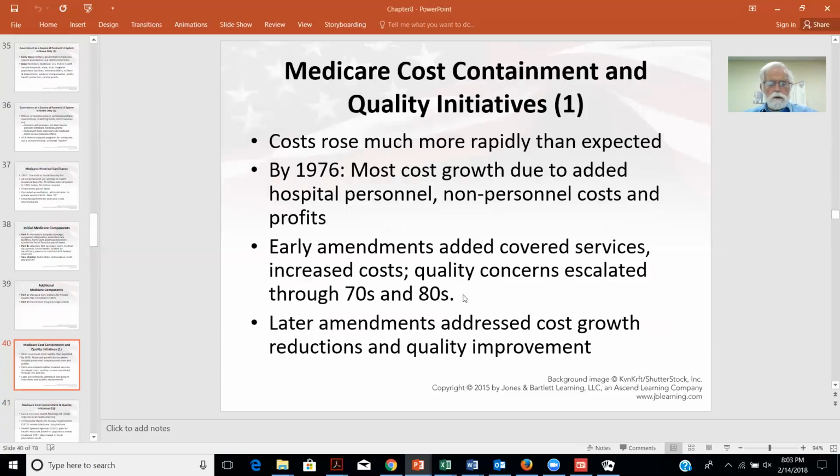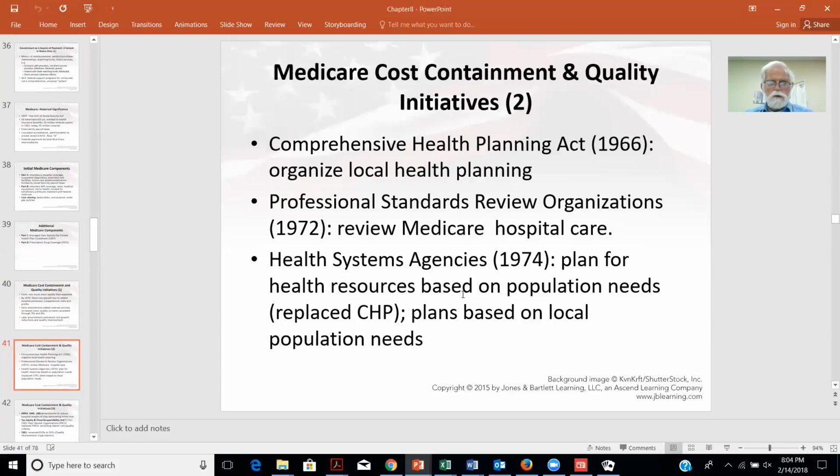The idea with Medicare was to make sure that more people had necessary medical insurance. Problem is the cost just skyrocketed, and has caused lots of problems. We've tried to amend it to reduce the growth in cost, but it's still going up until they started reducing the actual payments. This is, to my mind, probably not the way they should have gone, but that's how they chose to do it.